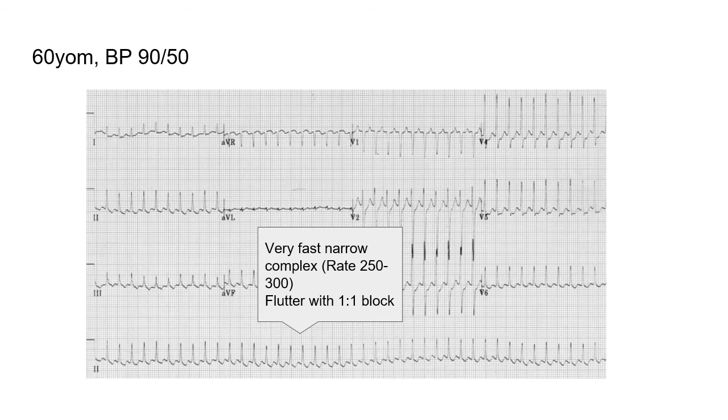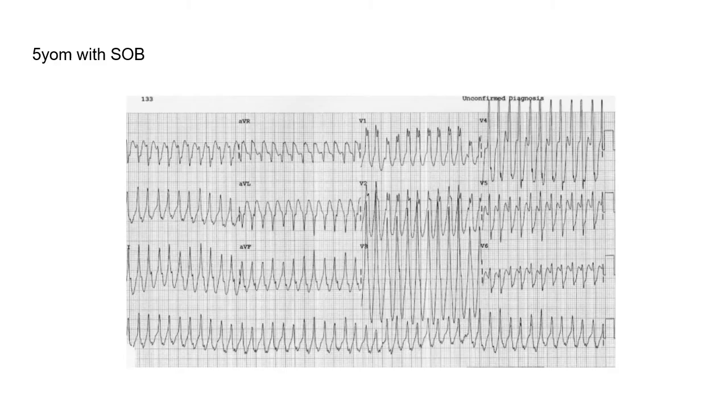Like I said, cardioversion for atrial flutter is generally easier. And if you're unsure whether it's atrial flutter or SVT, you can do adenosine, right? And then what happens is you unmask the P wave.